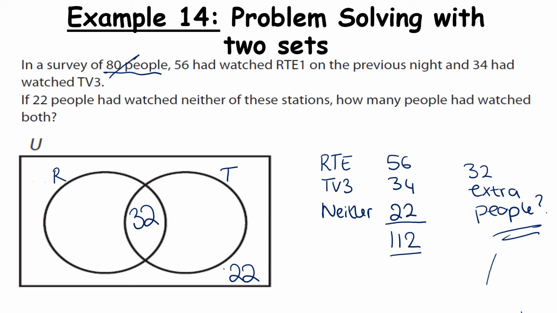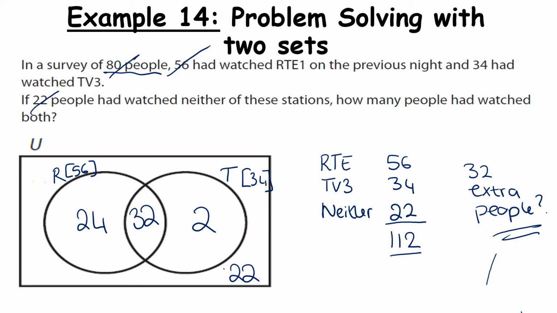So I've used my 80, I've used my 22, RTE there were 56. So I've already put in 32, so that means there's 24 left. TV3, there was 34. We have 32 there, which means there's only 2 left.